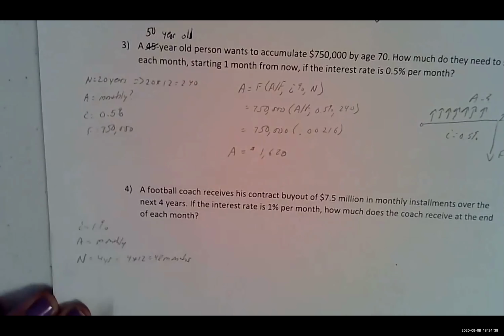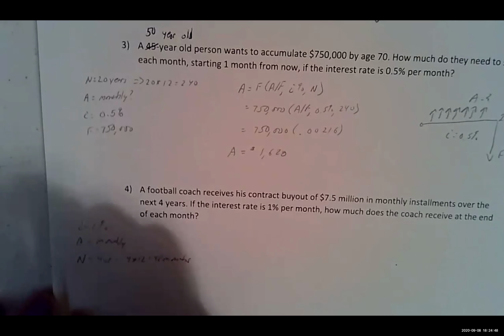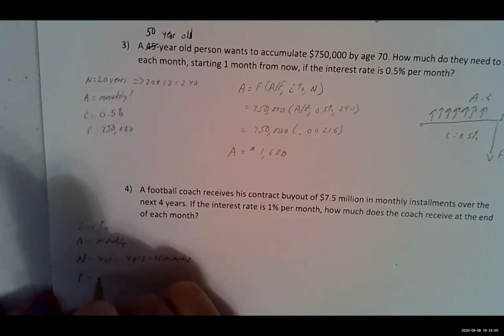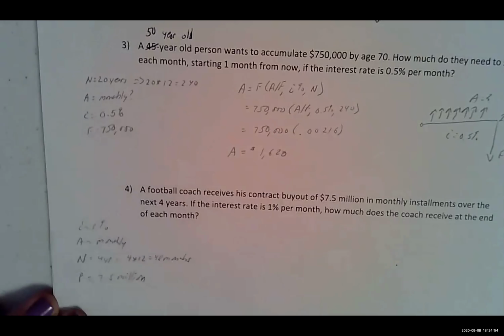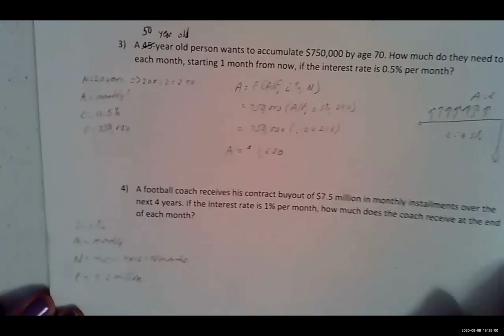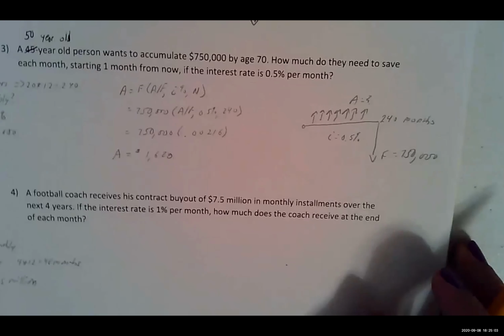So my interest is in months, my annuity is in months, my N is in months. We'll talk about more of this next week, but this is a real critical factor here. And we know the present value of the money. The present value of the money is $7.5 million. So I have that $7.5 million that I'm going to pay out over the next 48 months at an interest rate of 1%.